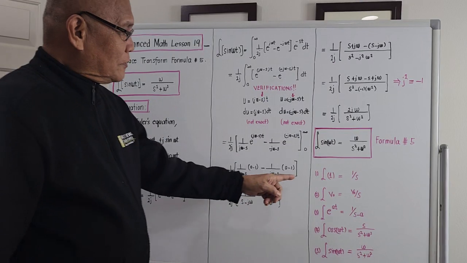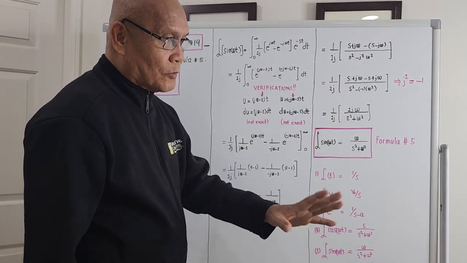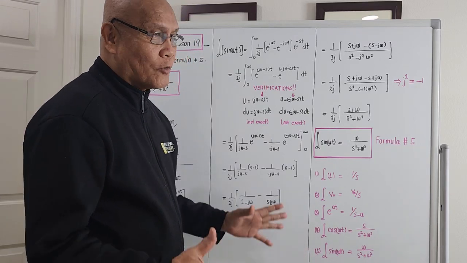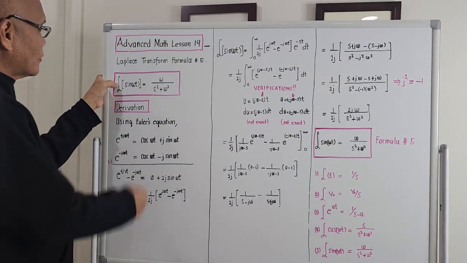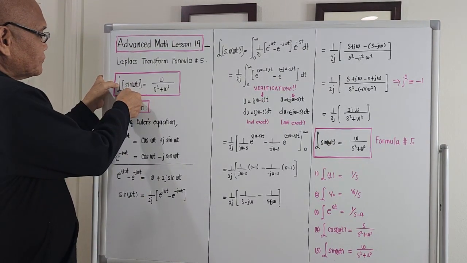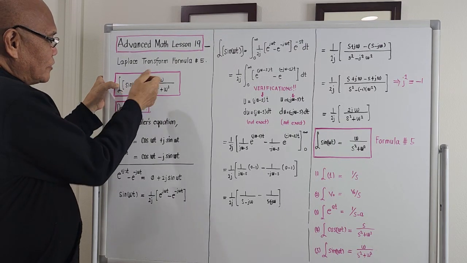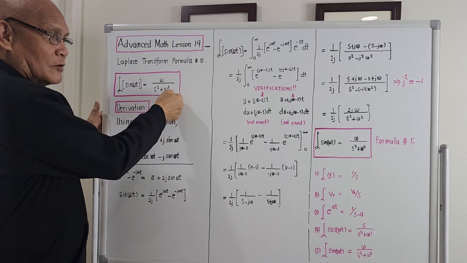We are now through with formulas number 1, 2, 3, 4. So for tonight, I will be deriving formula number 5, that is the Laplace transform of sine of omega t, and this is equal to omega over s square plus omega square.